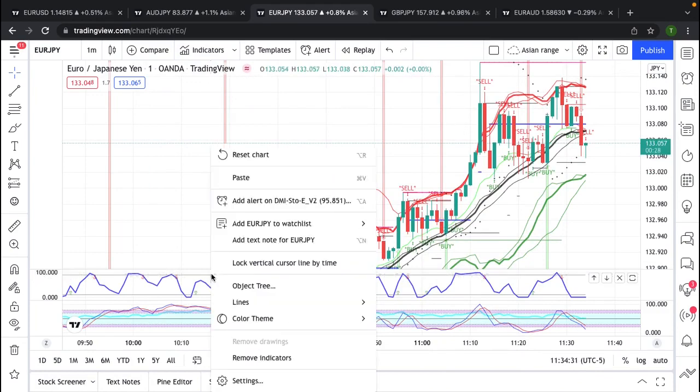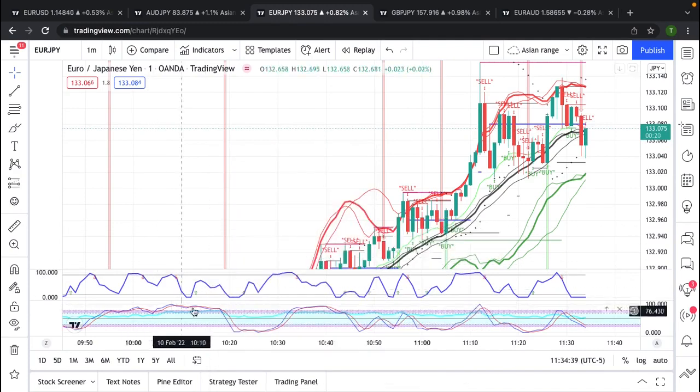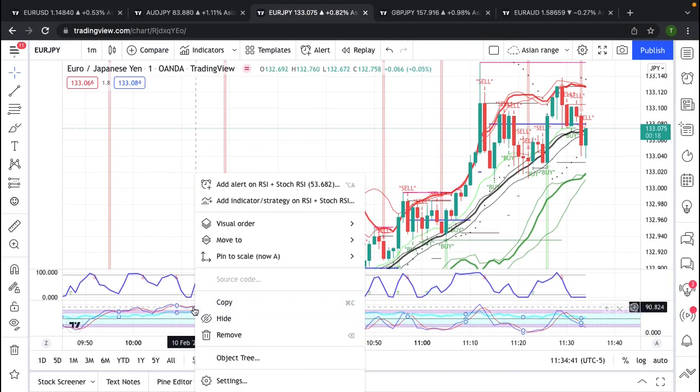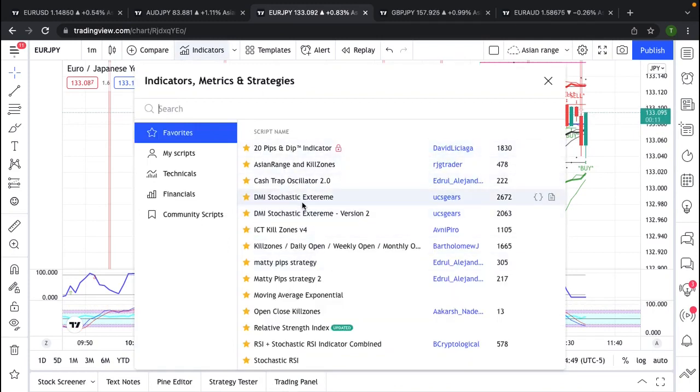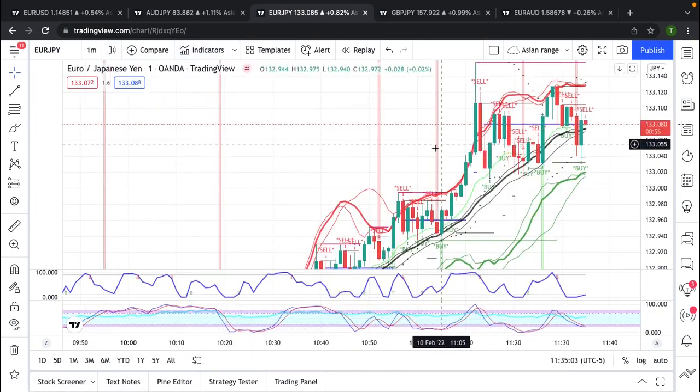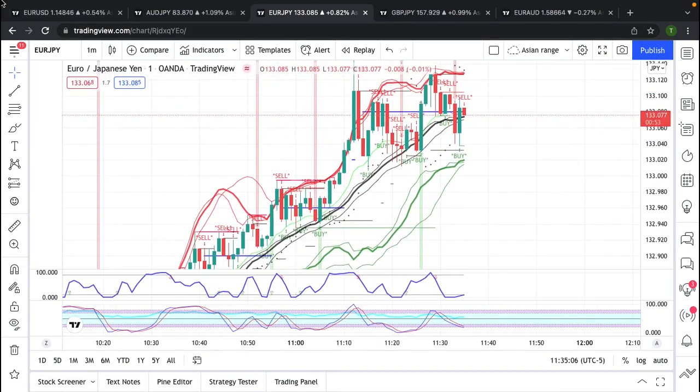And then here I have my DMI to Stochastic Extreme, and then here is my RSI plus Stochastic RSI. DMI to Stochastic Extreme is by USC Gears, and the RSI plus Stochastic RSI indicator combined is by B Cryptological. So those are the indicators. Let me go ahead and minimize this.